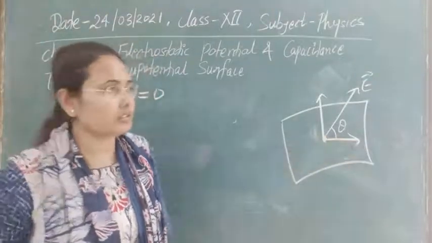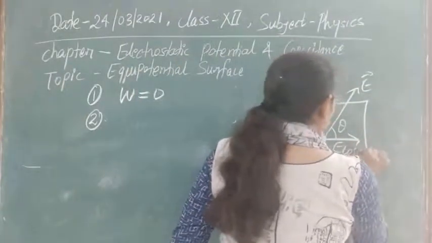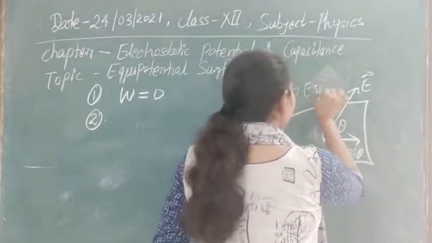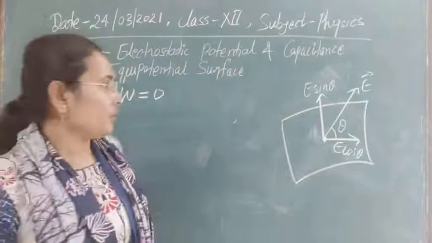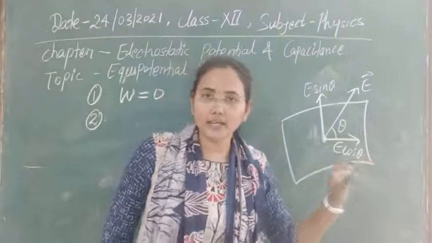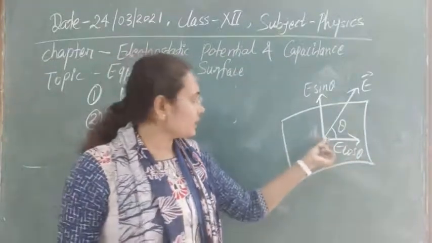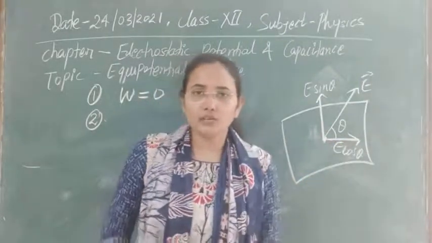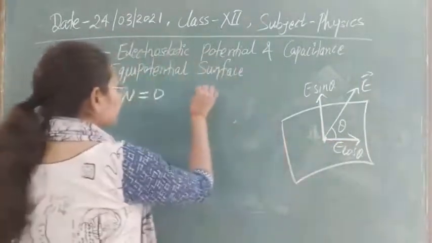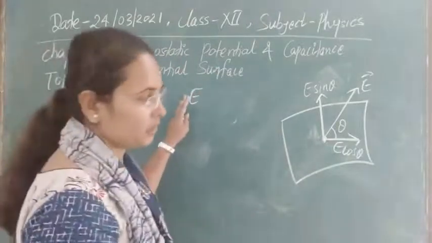Then its components will be E cos theta in this direction and E sin theta in the other. Now, if we have to move any charge on this equipotential surface, later I will tell you this relation, but directly let's take the relationship between field and potential.